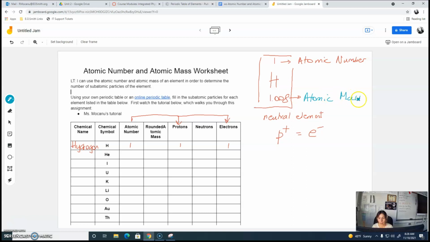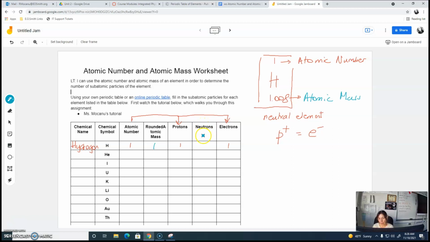So I can go and fill in this column right here. The column is telling me rounded atomic mass. You will notice that the atomic mass has decimal places. What I'm going to do is round that to the closest whole number. So in this case, the closest whole number to 1.008 would be simply 1. All right? So my rounded atomic mass is 1.